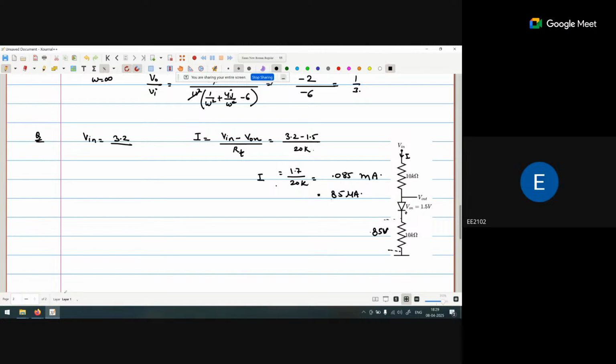Okay, and the voltage of this one is 1.5, so the voltage at this point is 2.35 volt, and the remaining voltage will drop here. So 3.2 minus 2.35 is 0.85 volt will drop.